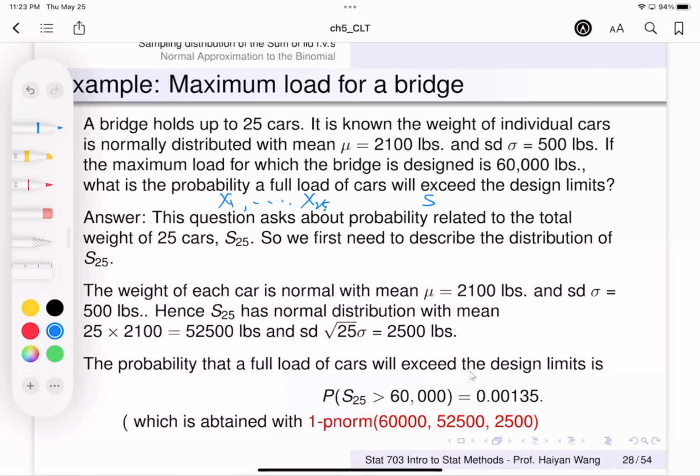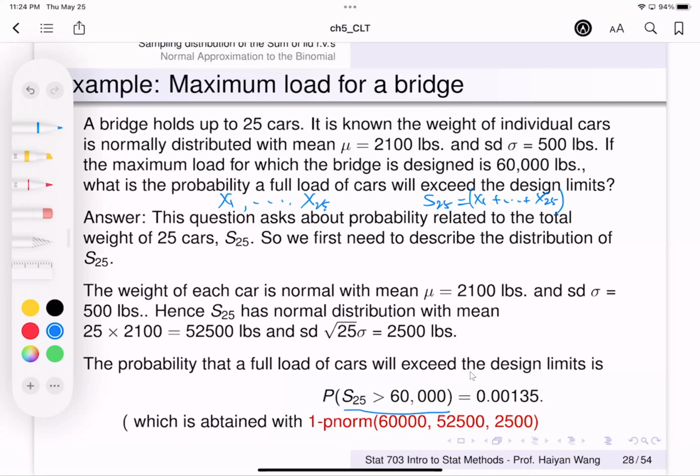We want to consider the total weight of all 25 cars randomly passing through the bridge. What's the probability that the total weight would exceed 60,000 pounds? So here we want S25 greater than 60,000 pounds.